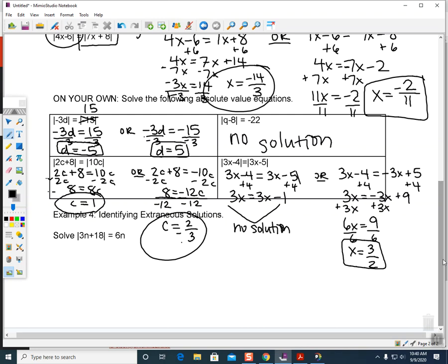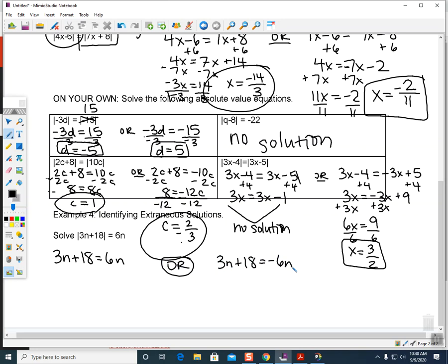Okay, last one. So, this is how this one's going to look. We can set these up. We know how to do this now. 3n plus 18 equals 6n, or 3n plus 18 equals negative 6n.